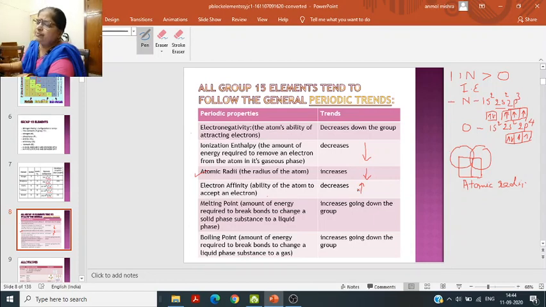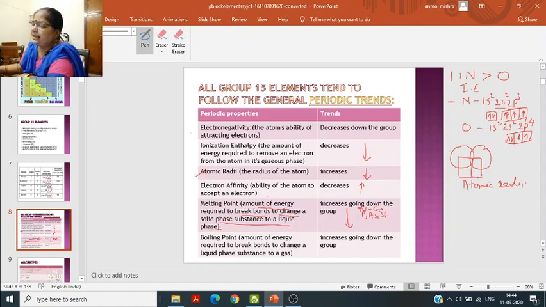Next is melting point. Now what is melting point? Melting point is the amount of energy required to break bonds to change a solid phase into liquid phase. So as we move down the group, the melting point increases. Now you can imagine that nitrogen is a gas, while phosphorus, arsenic, antimony, they all are solid.